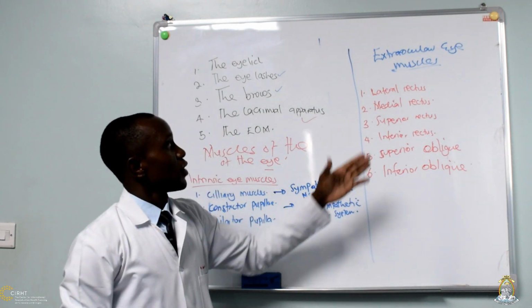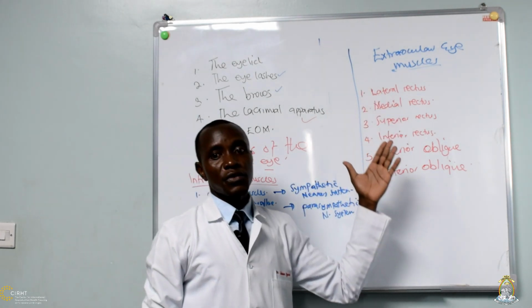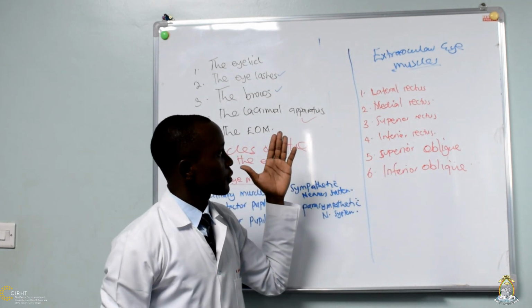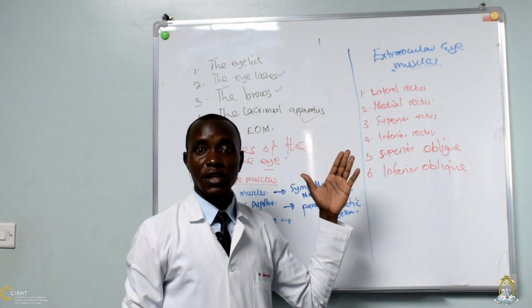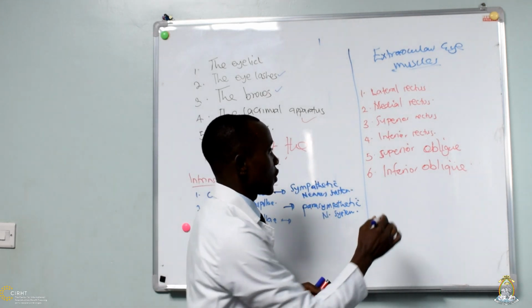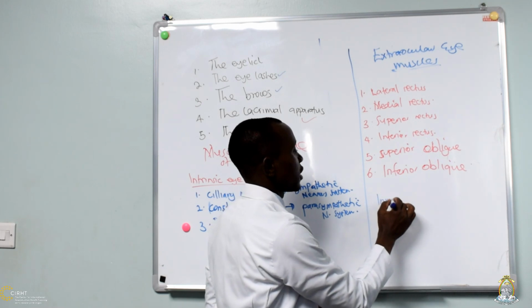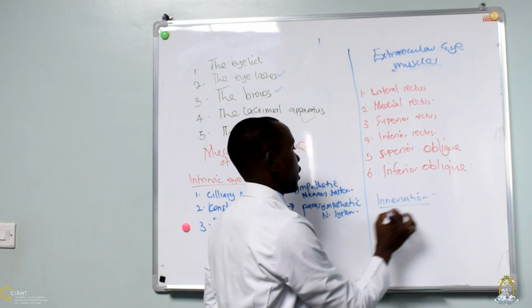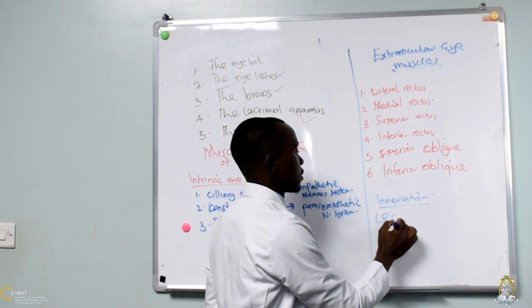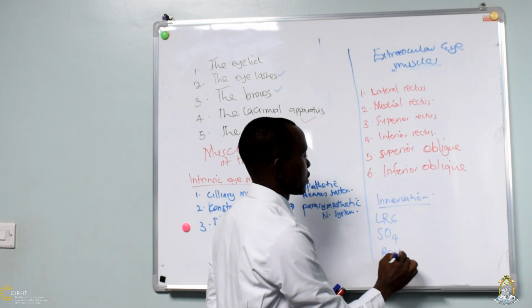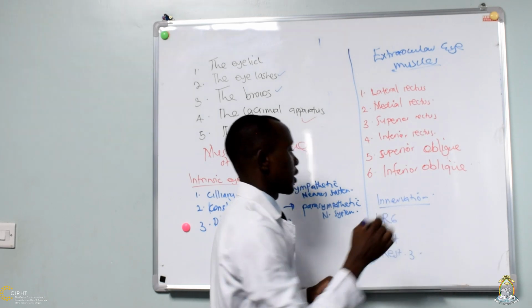Now, these extraocular eye muscles receive their innervation from the cranial nerves. We have three different cranial nerves that innervate the extraocular eye muscles. And in the innervation of extraocular eye muscles, there is a mnemonic that we use. Okay, LR6, SO4, and then the rest 3.